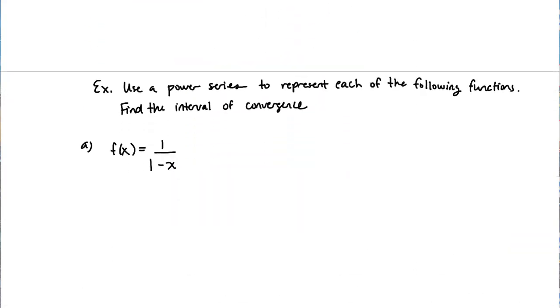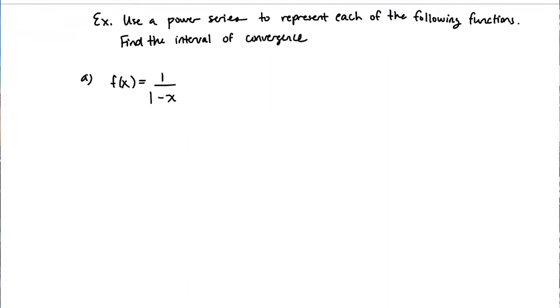Okay. So let's use a power series to represent each of the following functions. These are special functions that are essentially related to geometric series. So I'd like to point out that this pattern here, 1 over 1 minus x, is incredibly similar to a over 1 minus r.